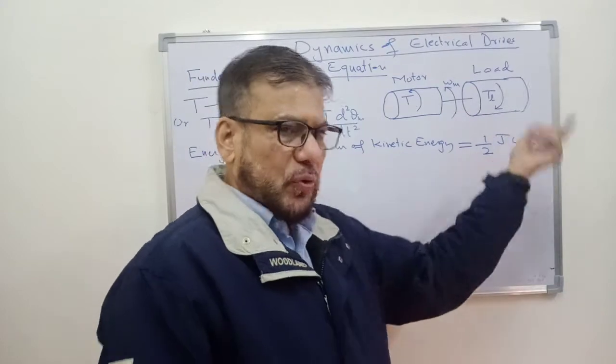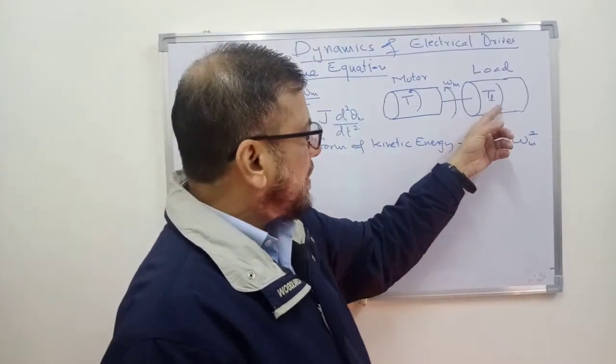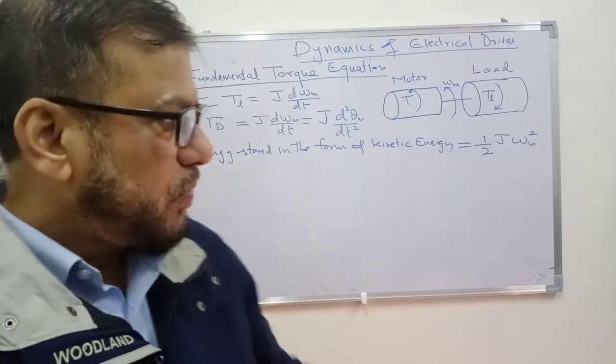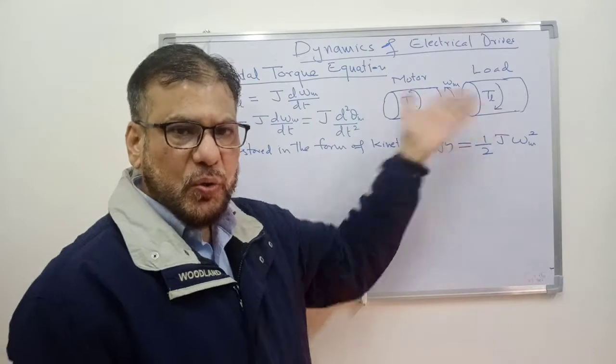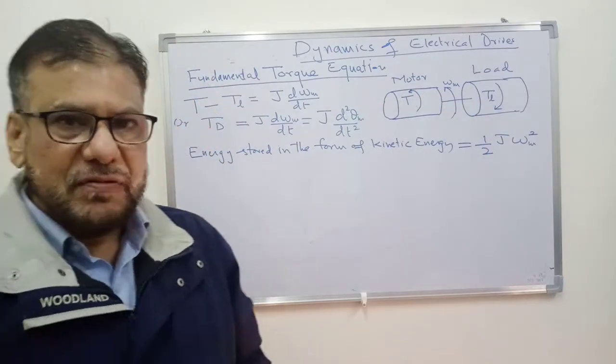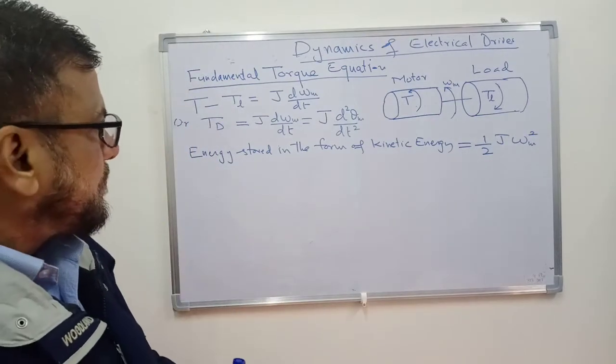The load always opposes the motion. So this is the load torque which is acting against the motor torque, and the motor has to overcome this load torque. So in today's lecture we shall discuss the dynamics of this motor load system.